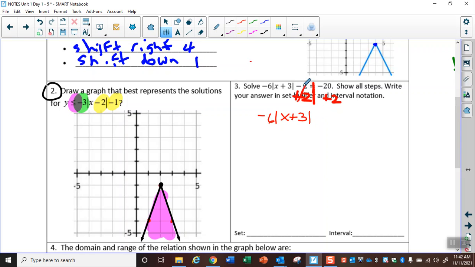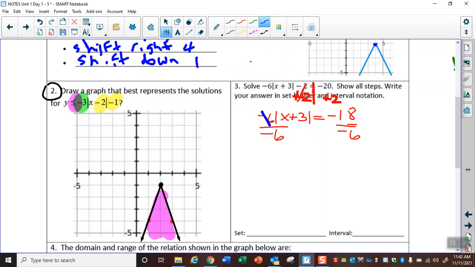That went away because -2 plus 2 is 0, equals, and then -20 plus 2 is going to be -18. So now I have -6 times the absolute value. The inverse of that is divided by, so I'm going to divide both sides by -6.